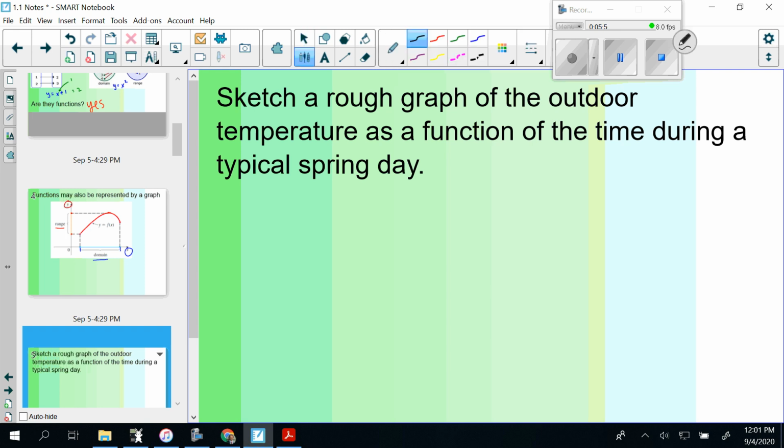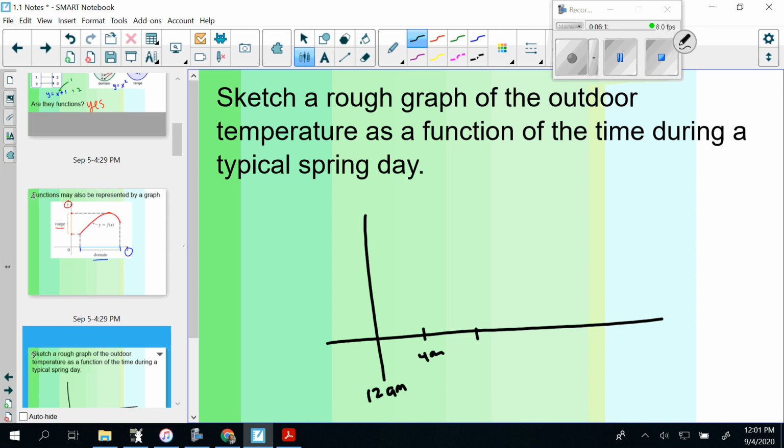So what we mean by that, just so we're working with the same thing, let's have this be 12 a.m. or midnight, and then let's go every 4 hours, so 4 a.m., 8 a.m., we'll have this be noon, or 12 p.m., 4 p.m., 8 p.m., and then we'd cycle back to midnight.